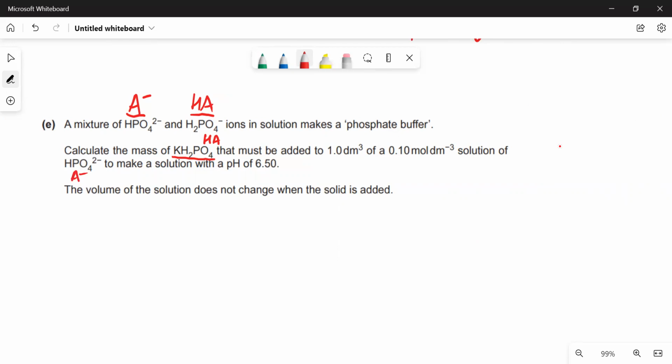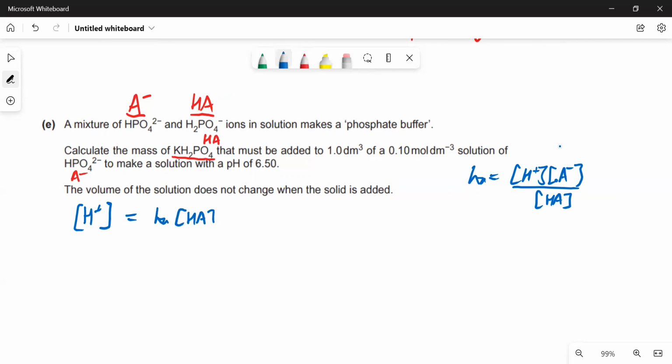Okay, so whenever doing a buffer calculation, it's always a good idea to start off by writing down H plus, rearrange your Ka expression so that you get Ka is equal to H plus over A minus times A minus concentration divided by HA. So if you rearrange that, you'll get H plus is equal to Ka times HA over A minus. Right.